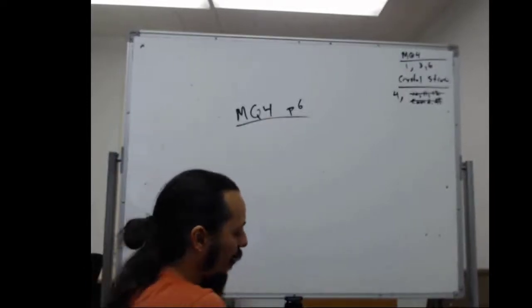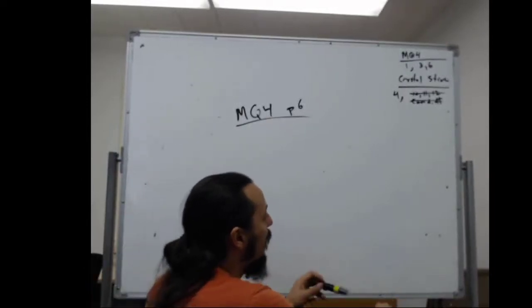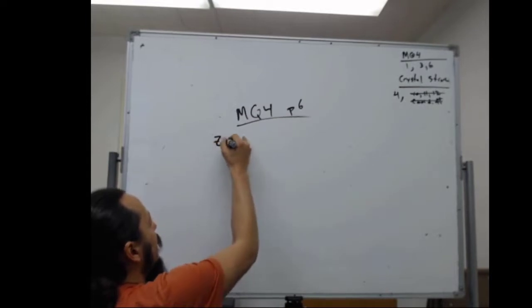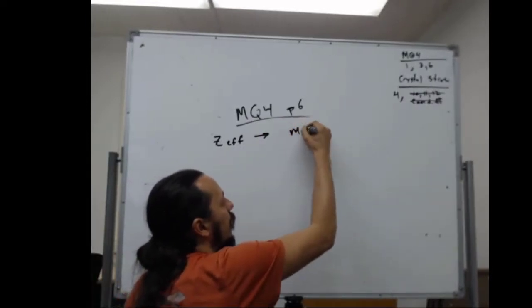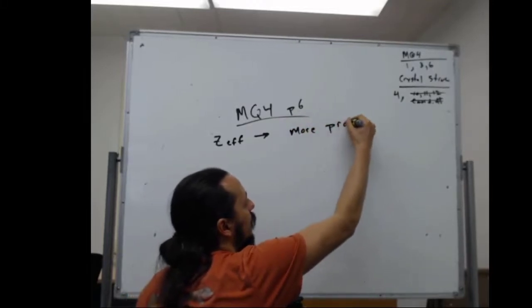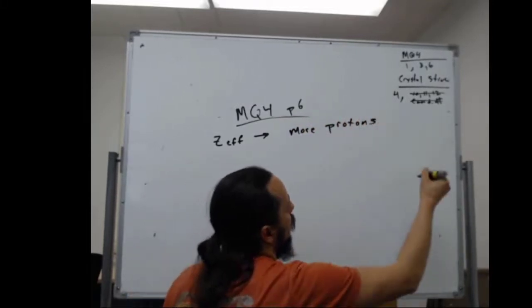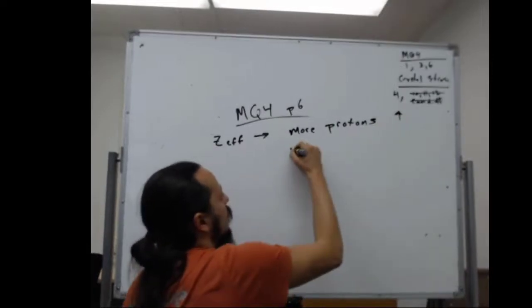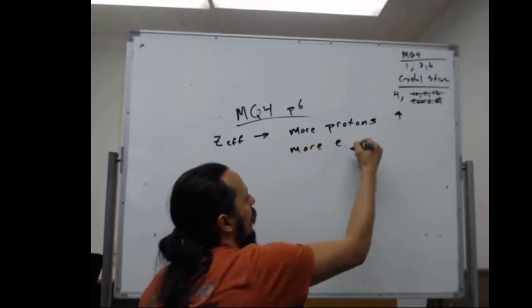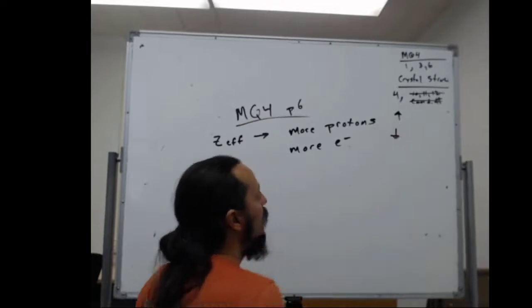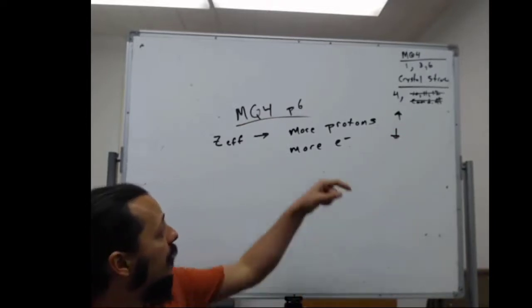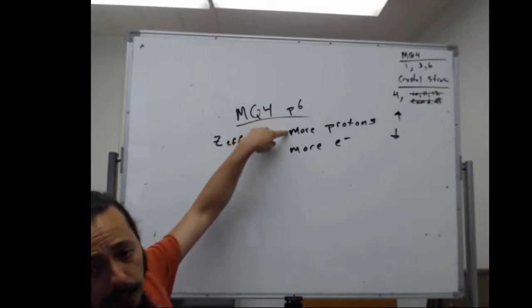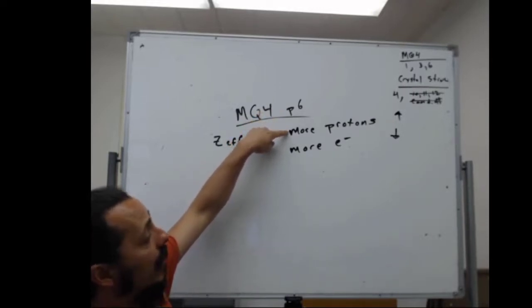For each of these, there's a couple main things that go into Z effective. Typically, in the simplest sense, by Coulomb force, more protons means more attraction, which means more Z effective.